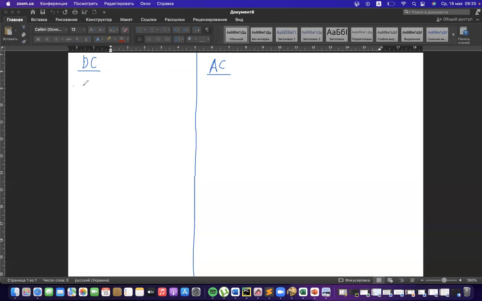And if for DC you have only resistors, then for AC you have additional coils and capacitors as a representation of the electromagnetic field. Generally, for all resistors, you have the Ohm law.